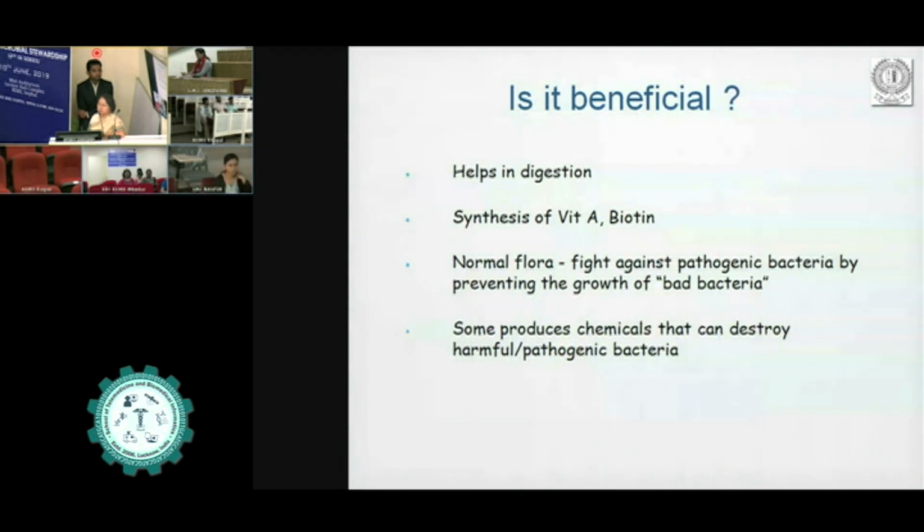Some of these act as a defense line. And some bacteria are responsible for producing chemicals that can destroy the bad bacteria, for example penicillin. Penicillin originally was from the fungus Penicillium. So they produce enzymes and chemicals which can act on other bacteria responsible for causing disease in our body.